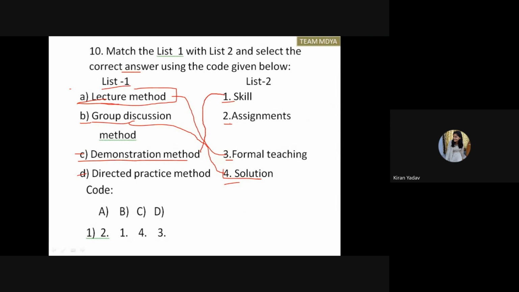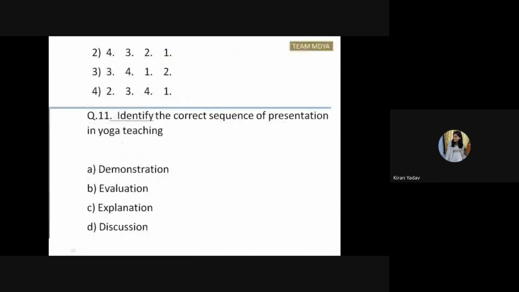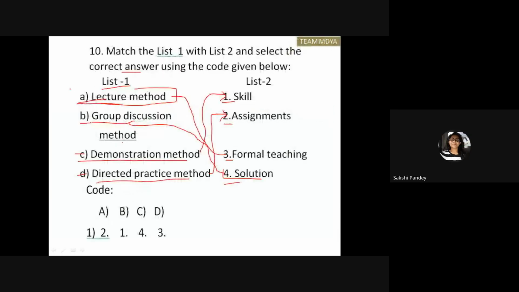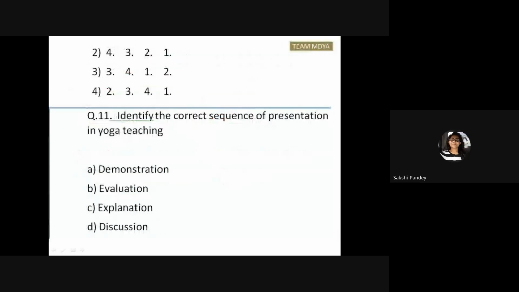In demonstration method, the emphasis is on skill. Then directed practice method, assignments. Yes, assignments for extra practice. So now which option will it be? Ma'am, third. Yes, third option.